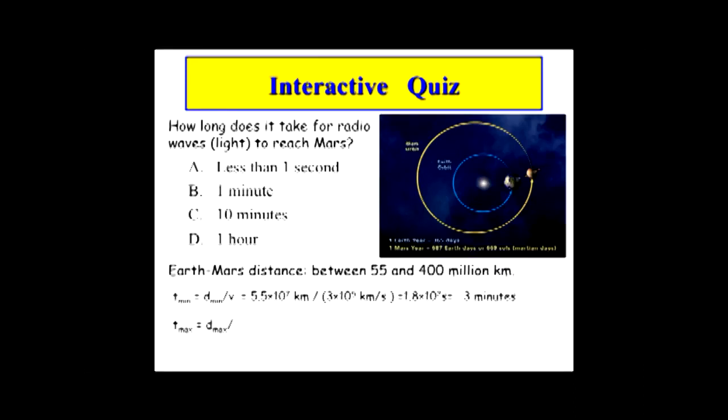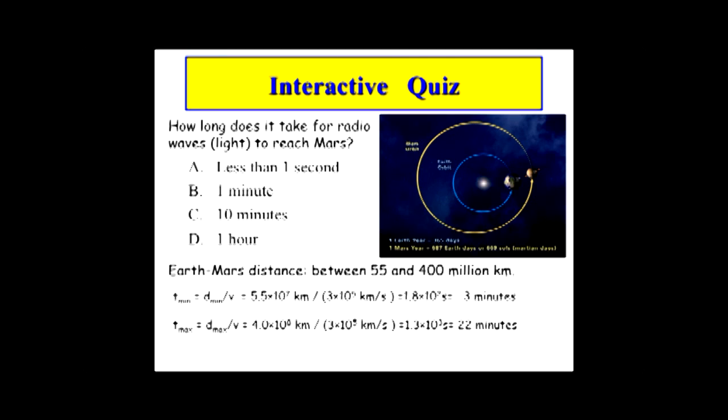But if Mars is on the other side of the Sun during its orbit, then it's 400 million kilometers away, and obviously it's going to take more than 8 minutes, actually 22 minutes. So actually there were 2 right answers, B and C.